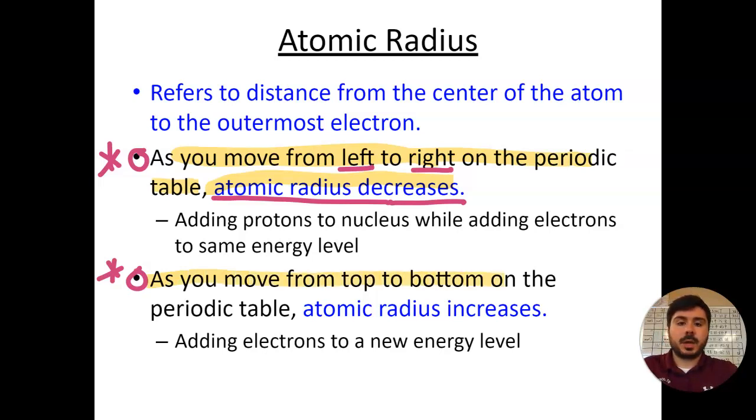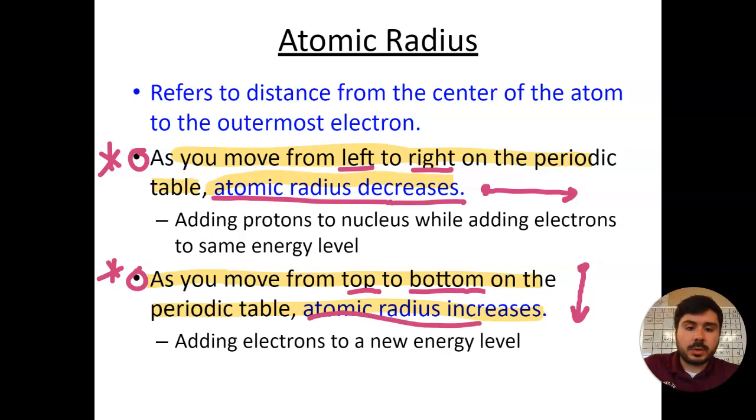The same thing goes for the other trend. For each of these trends there are essentially two sections. As you move from the top to the bottom on the periodic table, atomic radius is going to increase. So from left to right is a decrease, and from the top down is an increase.